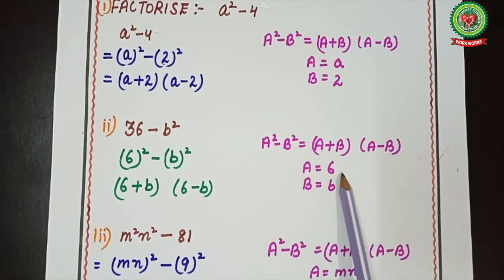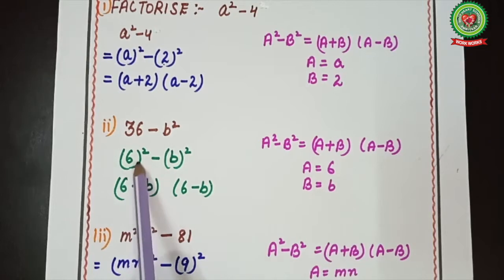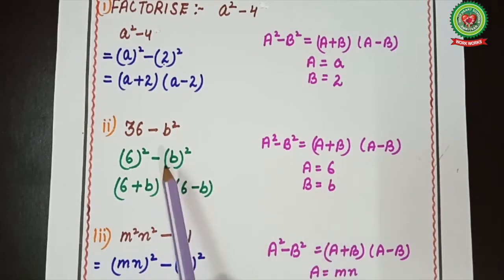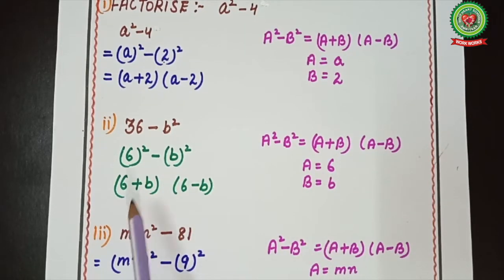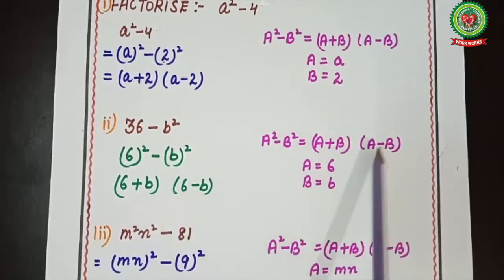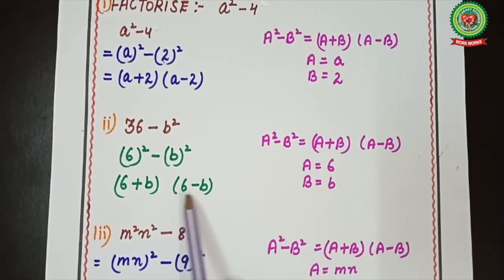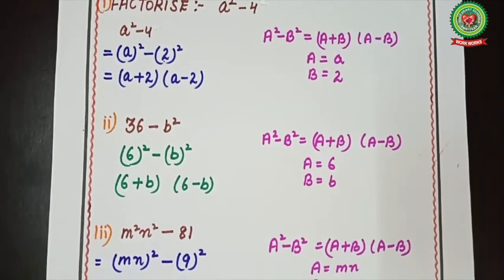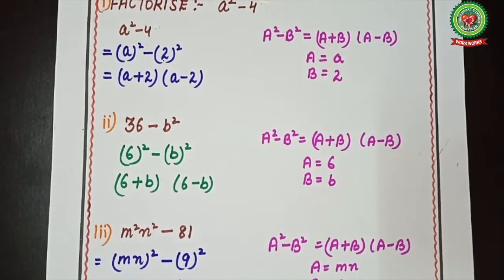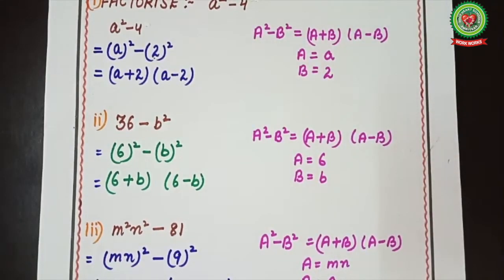Now the value of a is 6 and the value of b is b. So here we will have 6² − b² = (6 + b) according to a + b, and according to a − b it will be (6 − b). Alright. One thing, we have to put an equals sign in every single step, right?